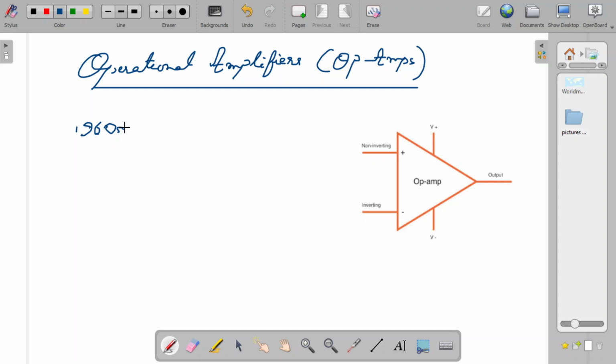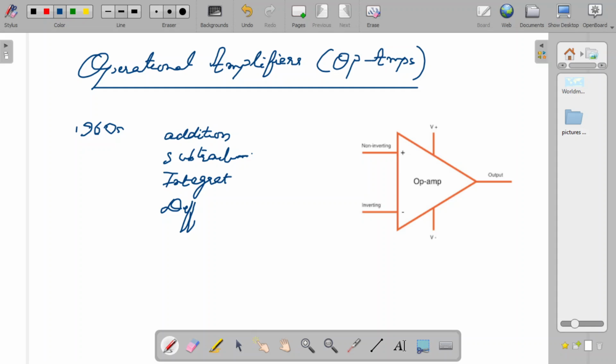The major importance of operational amplifiers is that they do many arithmetical operations like addition, subtraction, integration, which you do in mathematics. Okay, then you have differentiation.